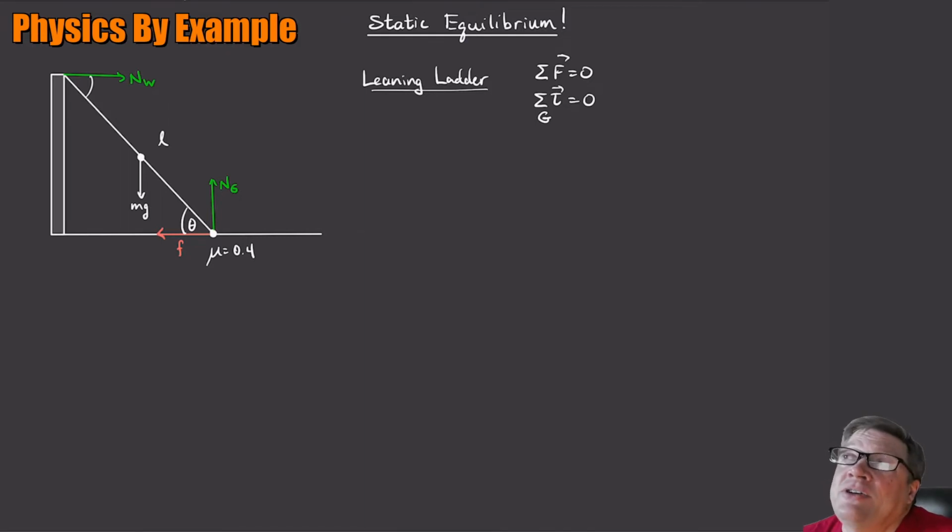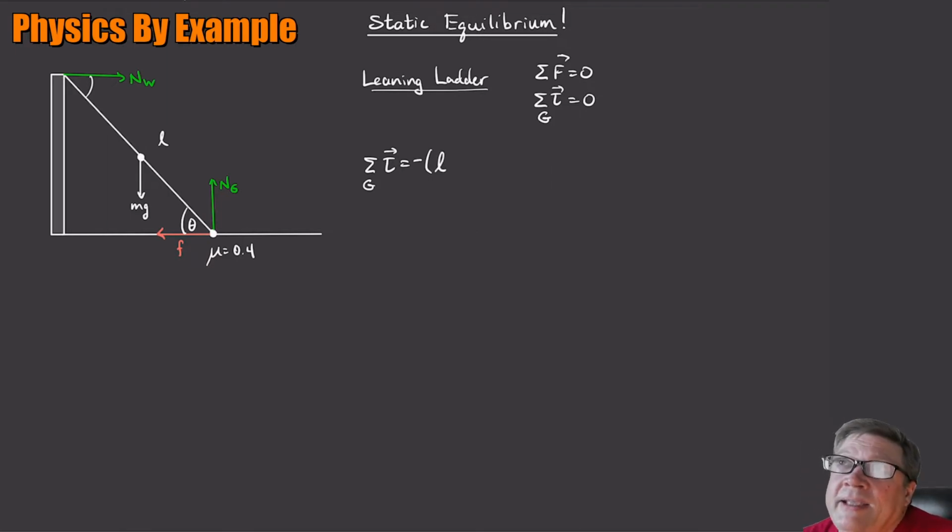Okay, so let's sum the torques about the ground. About the ground, it looks like there are two torques. One of them is the normal force from the wall, and that force is trying to make the ladder rotate clockwise. I'm going to call that negative. How far away is it? It's L away.